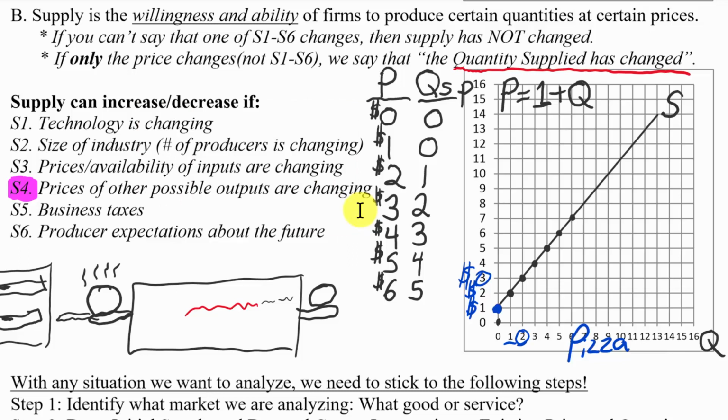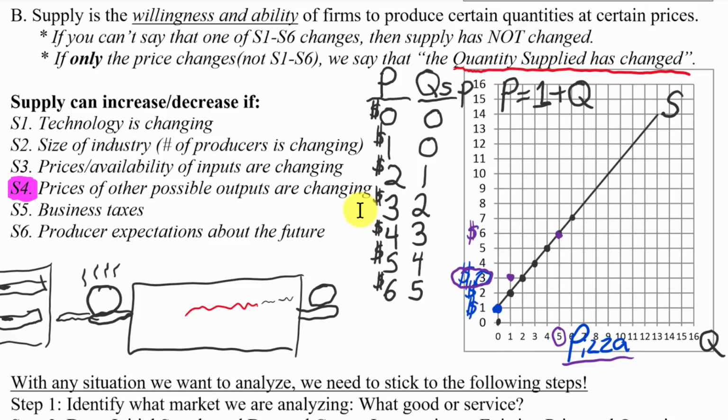And what that means is that you are going to be less willing and able to produce pizza compared to before. So you might say, well, if people are only willing to pay me $3 for a slice of pizza, I'm not willing to produce 2 slices anymore. Maybe I'd be willing to produce 1. And if people are willing to pay me $6 for a slice of pizza, I used to be willing to supply 5 units right here.